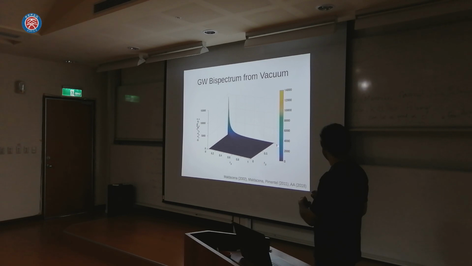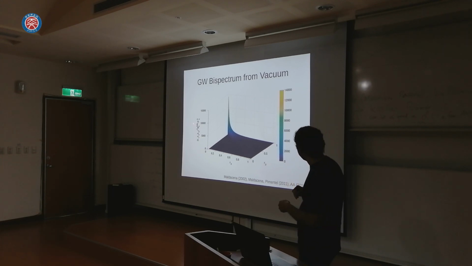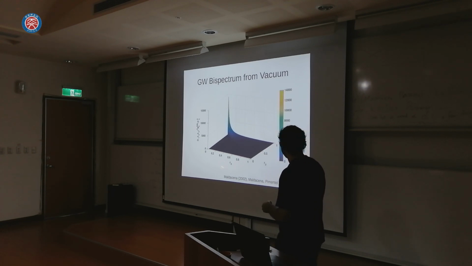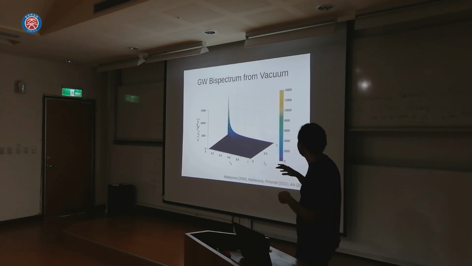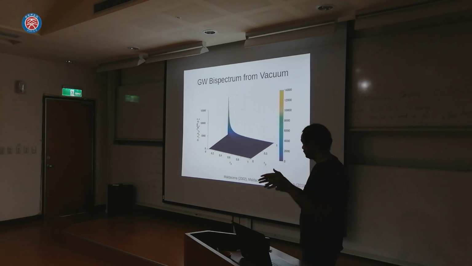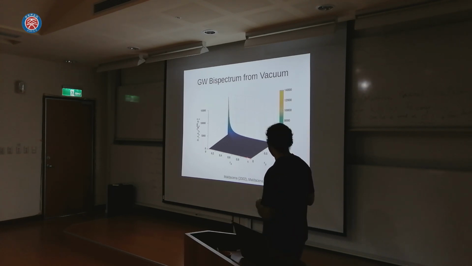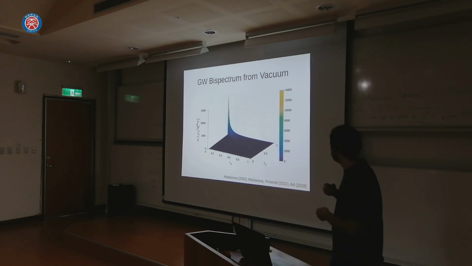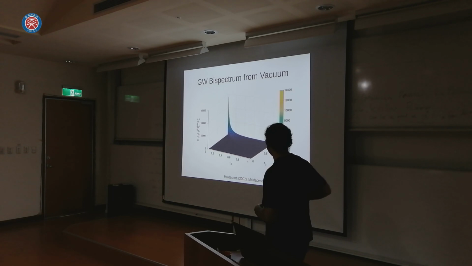One of the right-handed gravitons is the smallest one, and R3 controls the wavelength of the left-handed graviton, or gravitational wave.